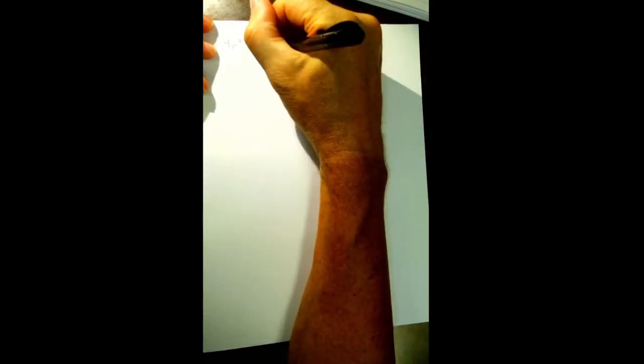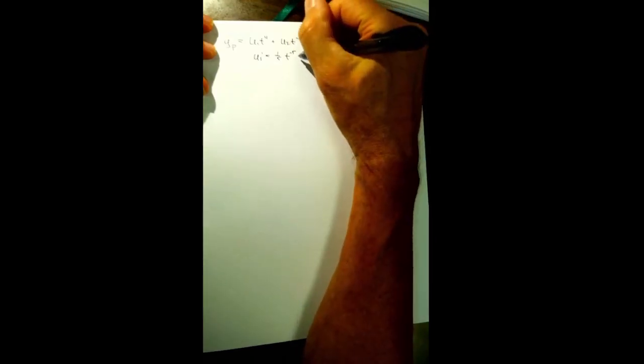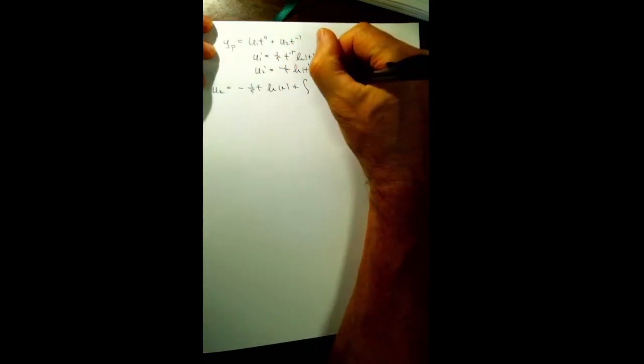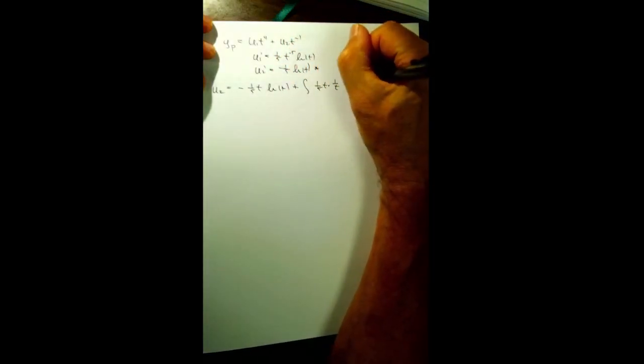So my particular solution I decided was u1 t to the fourth plus u2 t to the minus 1. I had u1 prime is 1/5 t to the minus 5 log of t. u2 prime is minus 1/5 log of t. And doing this one first, we got u2 is minus 1/5 t log of t plus the integral of 1/5 t times 1 over t dt.